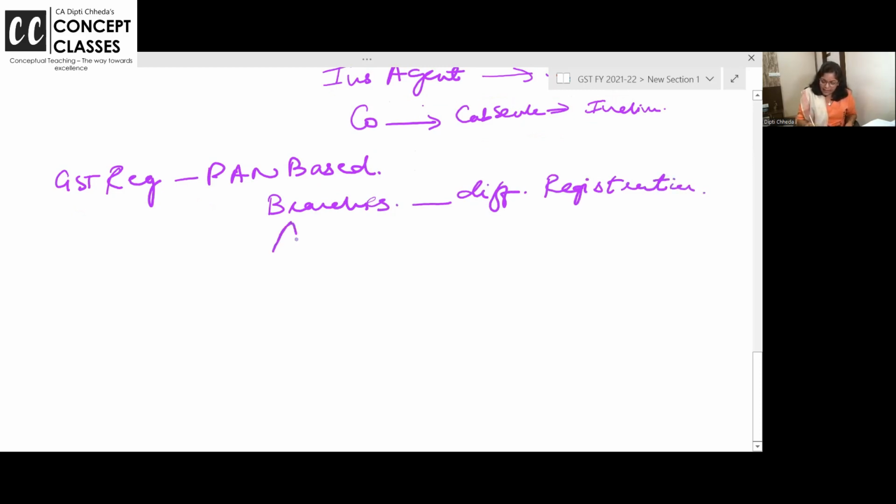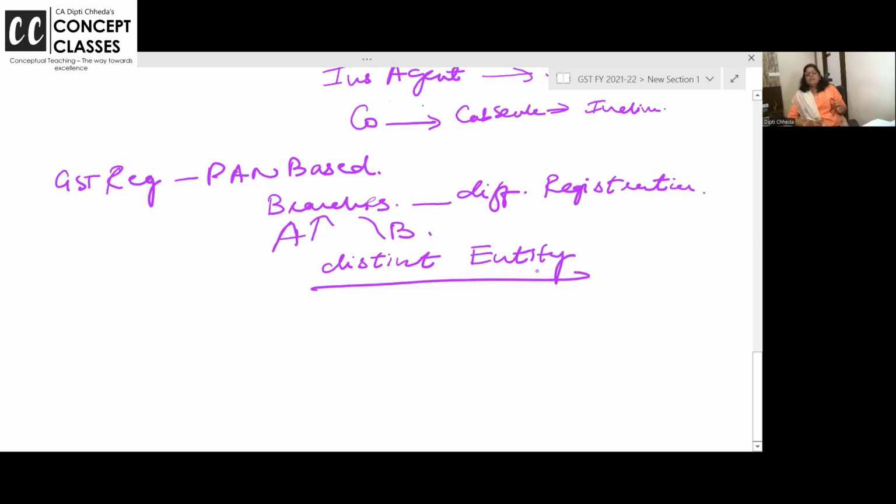Then the A branch and the B branch will be called distinct entity. I wanted to introduce this term. A branch and B branch are branches of the same head office with the same PAN number, but the GST registration in the state wise is done separately.